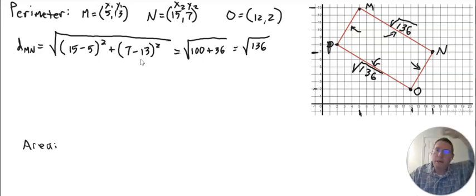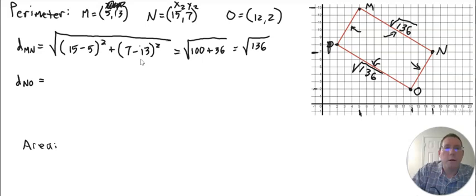Okay, now we need NO, so we want the distance of NO. We don't need M, so we can get rid of X1 and Y1 up here, and we can call O X1 and Y1.